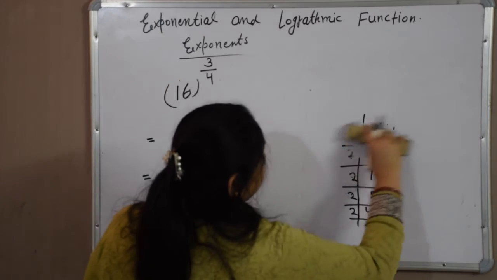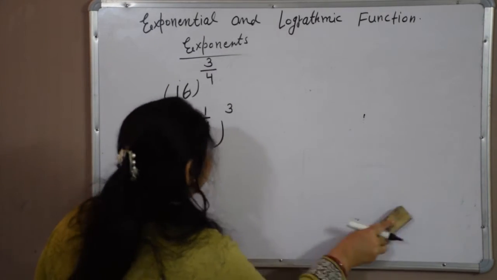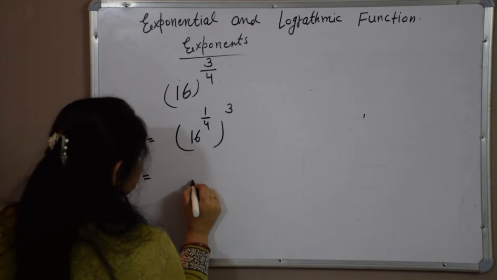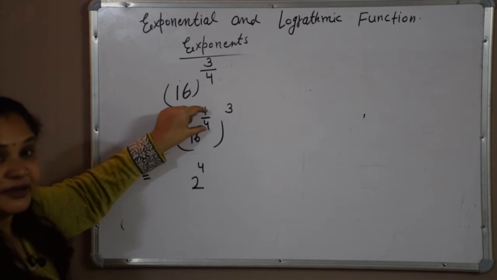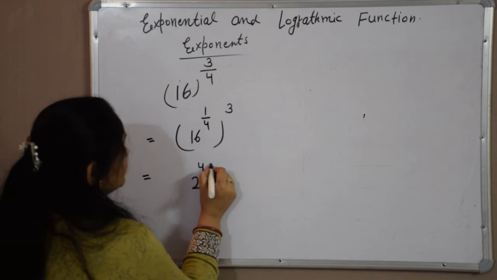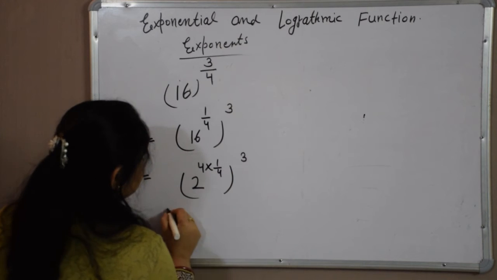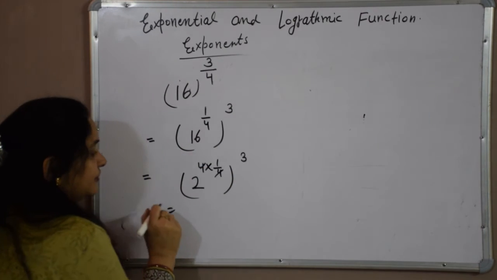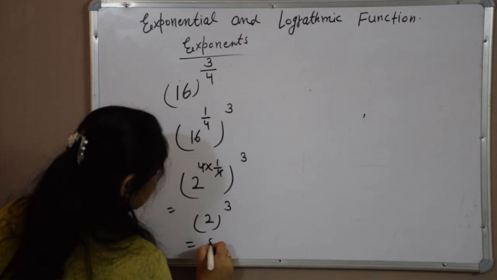Whenever I am making the factors of 16, I am getting 2 raised to power 4. So in place of 16, I will write 2 raised to power 4, and this 1 by 4 was already there. So 4 into 1 by 4, raised to power 3. We can cancel out 4 with 1 by 4, so we are left with 2 raised to power 3, that is 8.